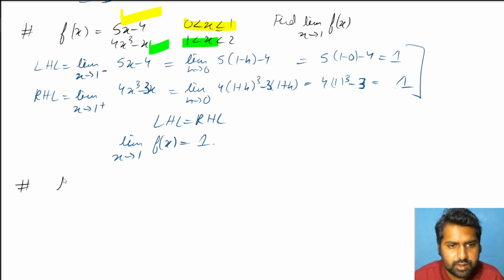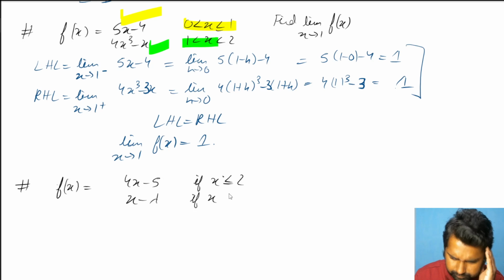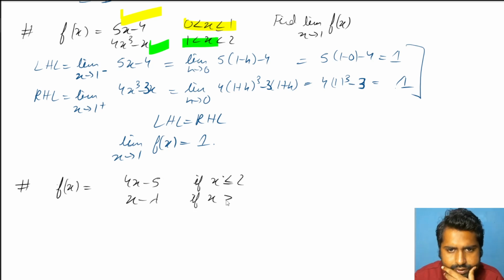Let's see the question. This time your function is 4x minus 5 if x is less than or equal to 2, and x minus lambda if x is greater than 2.